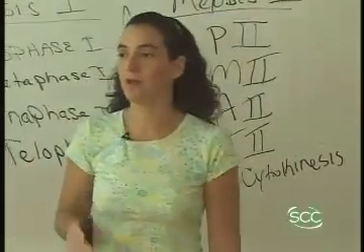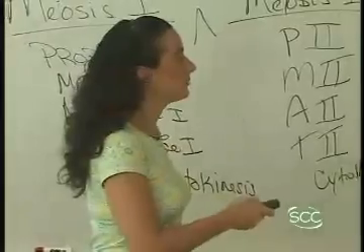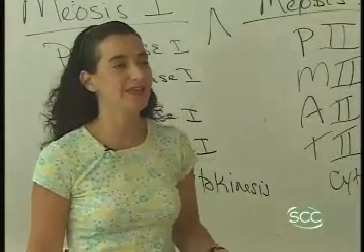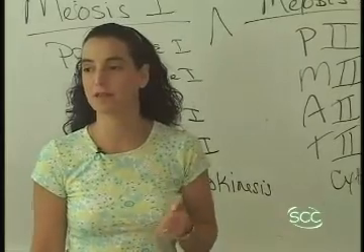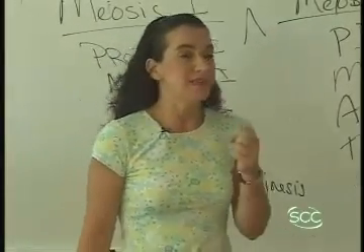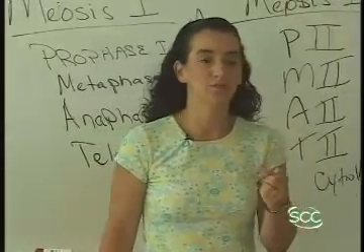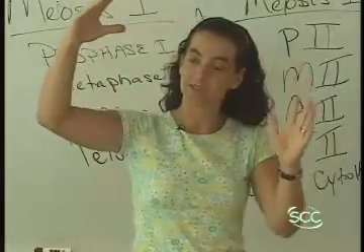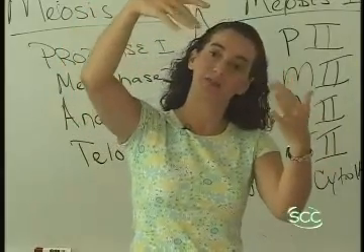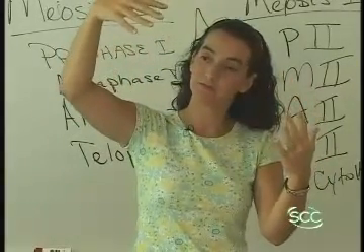Prophase 1 of meiosis. And that's what we've got here. Now, a lot of things are happening during prophase 1. The centrosomes with the centrioles are going to start to migrate to opposite poles. As they migrate, they're putting out these spindle fibers.